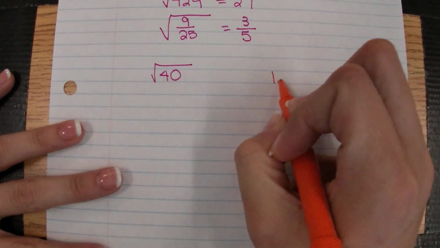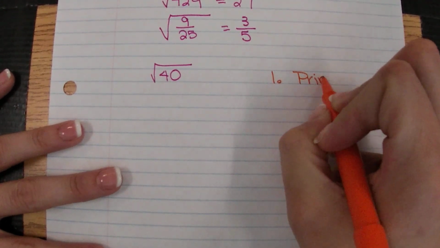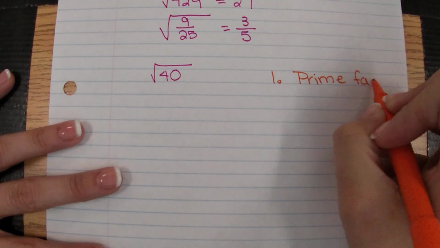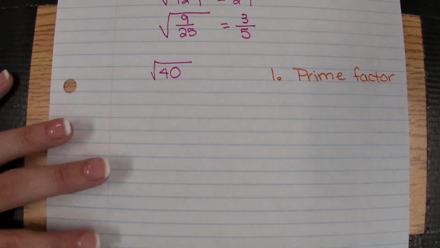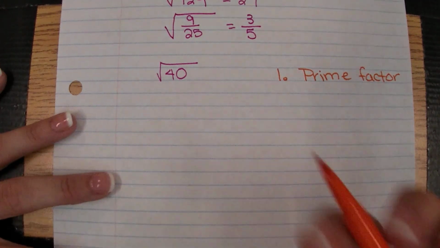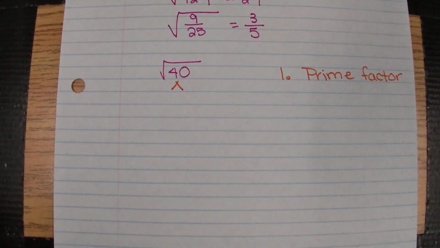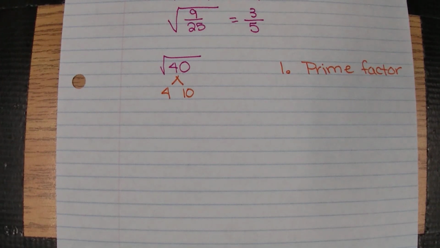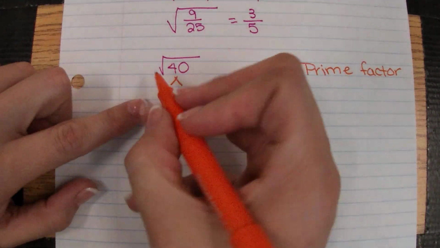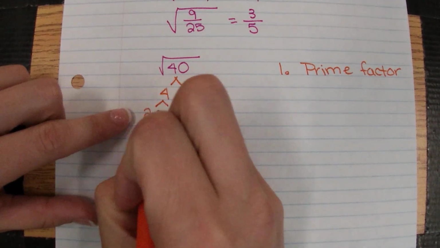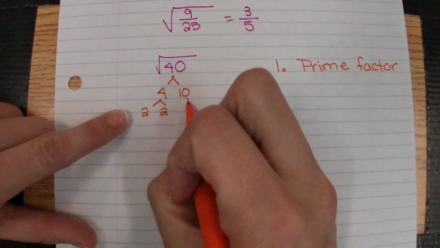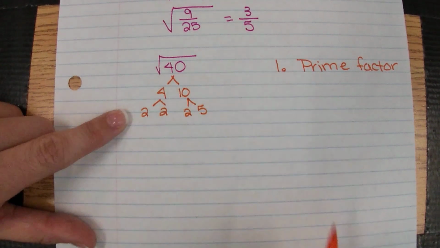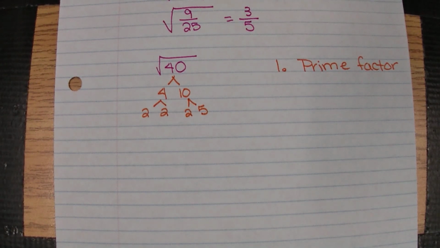Our first step is going to be to prime factor 40. And we've already talked about prime factoring, so we're going to split this up into its factor tree. I'm going to pick 4 times 10, but again, you could pick anything that works. 4 is going to split into a 2 times a 2. 10 is going to split into a 2 times a 5.